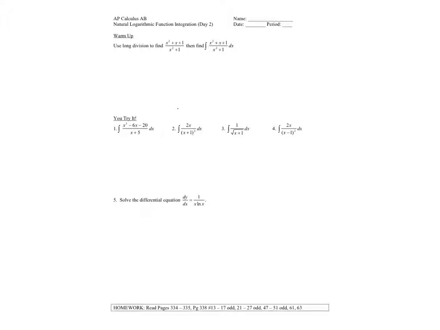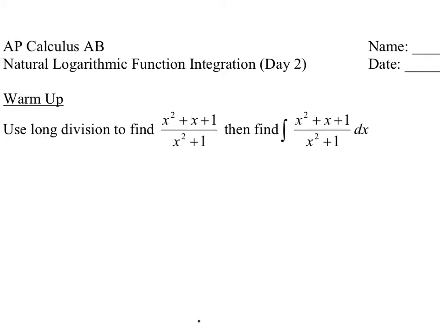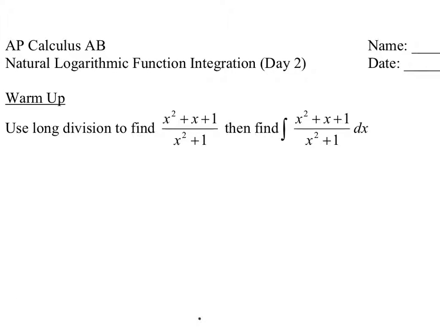Alright, so we looked at how to use u substitution to do the integral of 1 over u du. But what happens if we have a function like x squared plus x plus 1 over x squared plus 1, where if I tried to make the u the x squared plus 1, there's no way I can get the du in there?